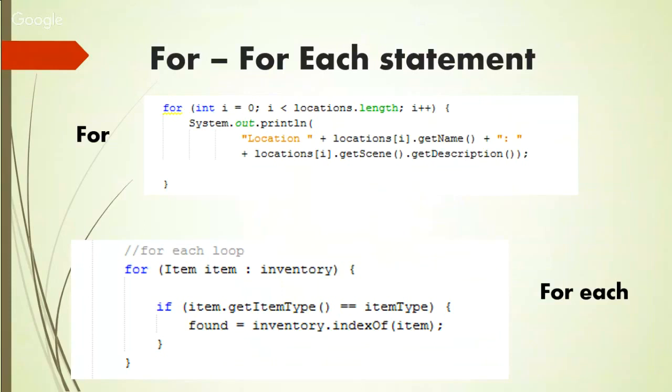That is the for, and the for each is a compact form of the for statement, and I have used it in the item inventory, where you select the total and use a loop. Okay, the two statements are used to create a loop and read array lists.